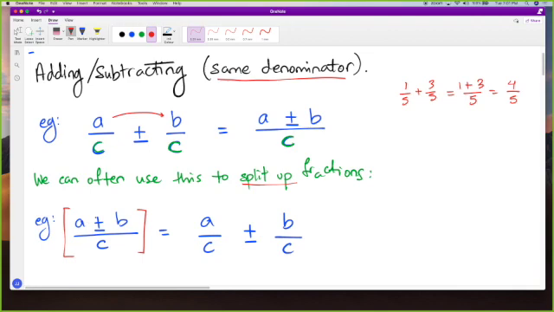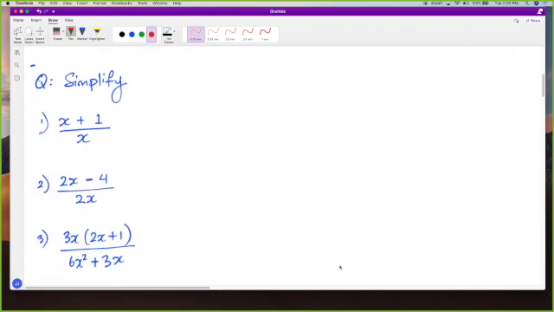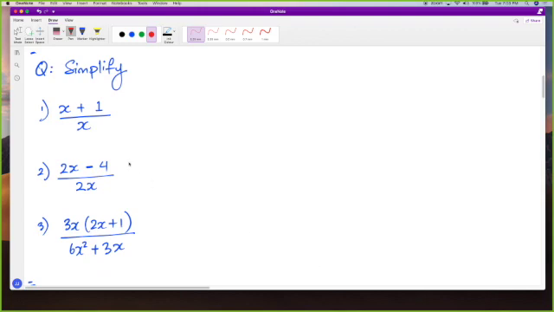If you have A plus B over one denominator, that is C, well then, we could split that up to be A over C plus B over C. So it's just really this going in the other way. Alright. Well, guess what? I have some fractions here that are over the same denominator, and I would like you to split these things up. So can you split these things up, please?